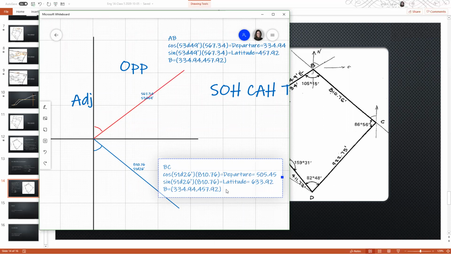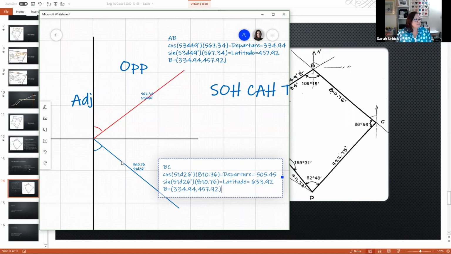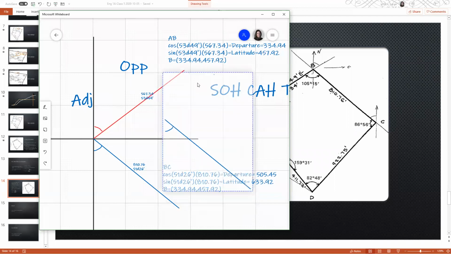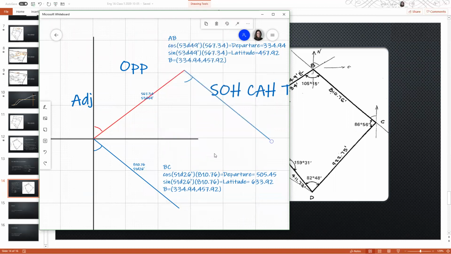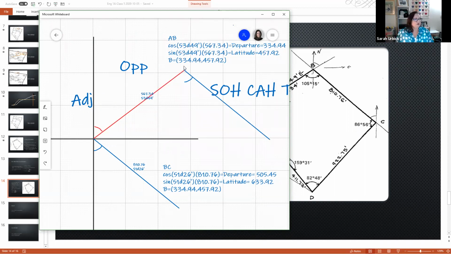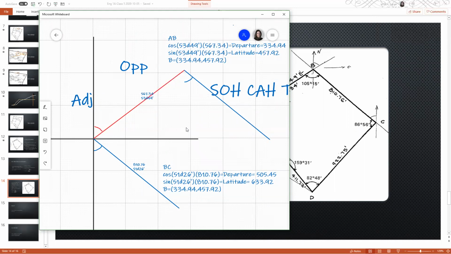But here what we're going to do is we have the net difference, our delta y, our delta x. That's really all we got. If I were to take this line here and paste it up here, that's really what we're looking at. So by that reasoning, from our coordinates here at 334 and 457 to down here, we are decreasing because we're going south, right?